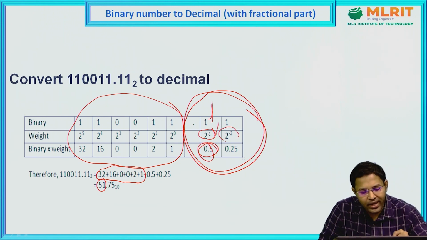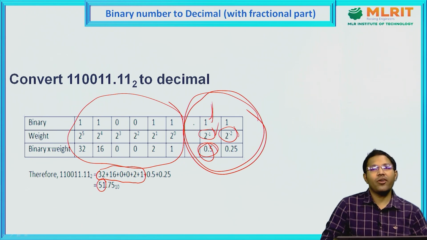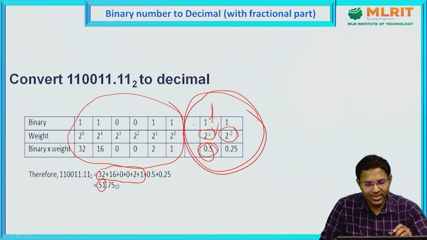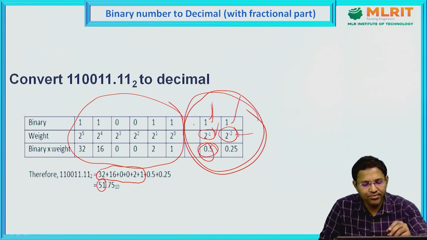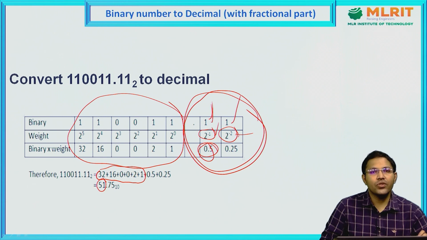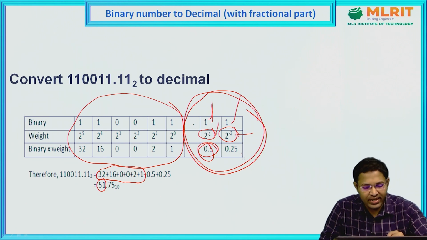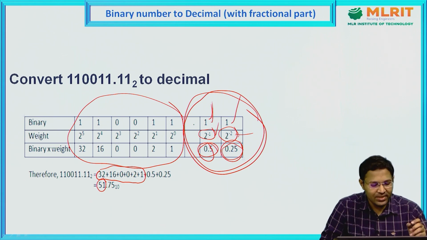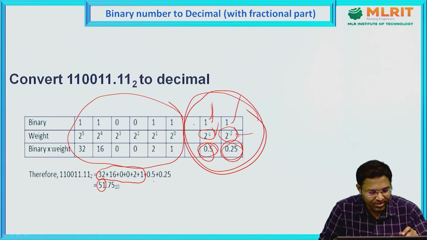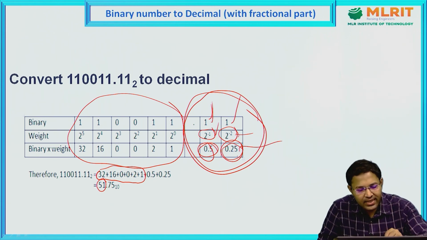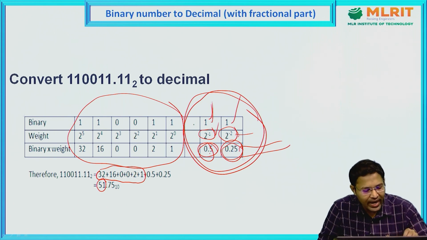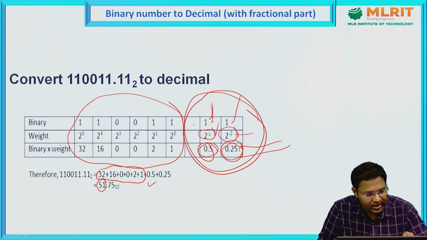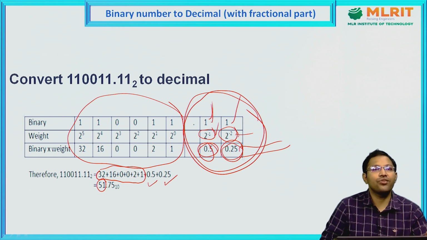2 power minus 2 is 1 by 2 power 2, which is 1 by 4, which is 0.25. So this value is 0.25, 0.25 into 1 should give us 0.25. So what we need to consider is to the previous value of 51, we have to add these two values, we have to add 0.5, we have to add 0.25.